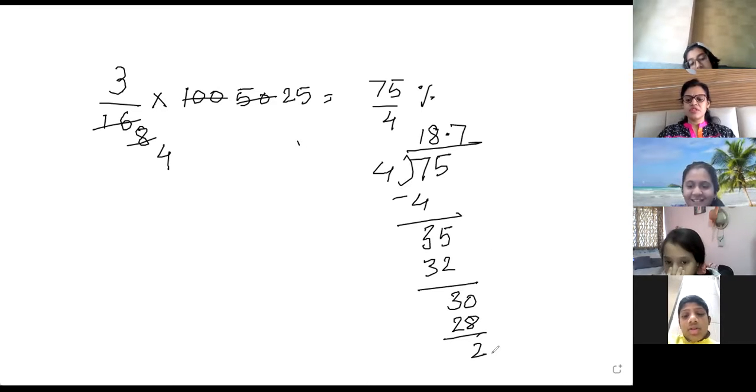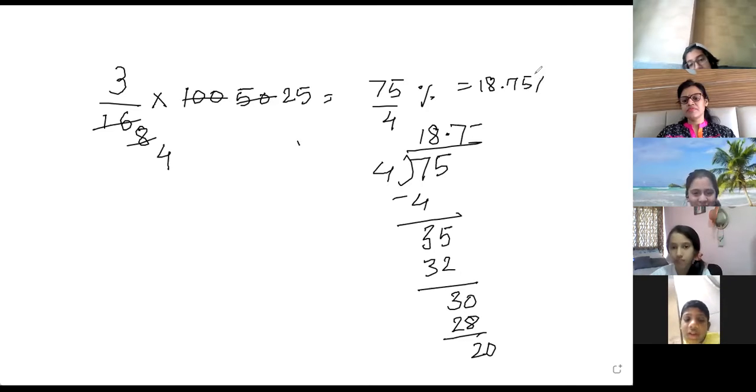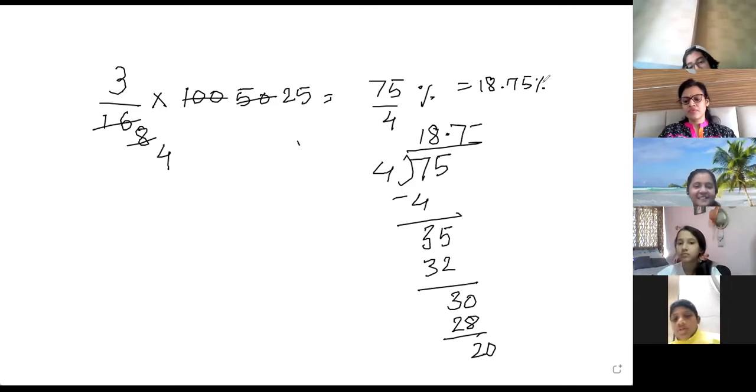You'll get the same thing now. 4 5s are 20. So 18.75%. Is it clear, Amina? Yes, ma'am. Why did you stop there? Why didn't you go ahead? No, what? The division you stopped, no?